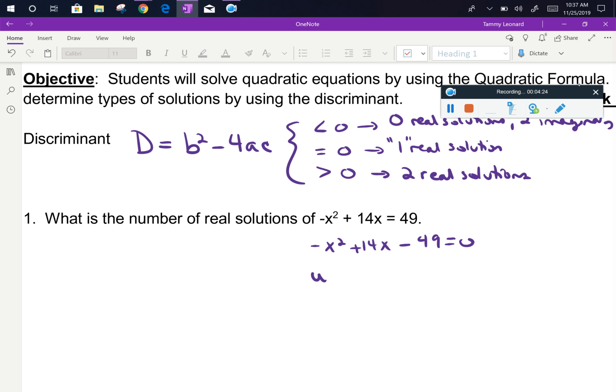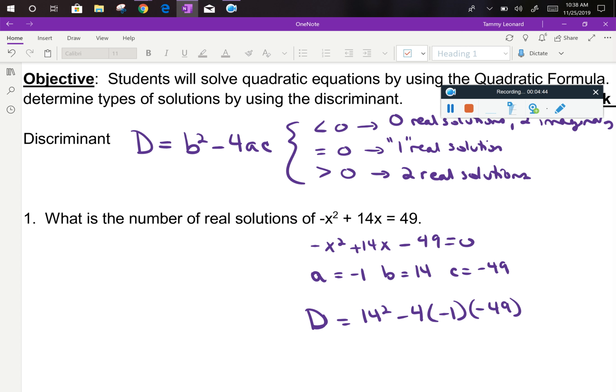Because then we can say that a equals how much? -1, and b equals 14, and c equals -49. And we'll evaluate the discriminant. We'll say capital D equals 14 squared minus 4 times -1 times -49. All right, somebody with a calculator, tell us what that is.